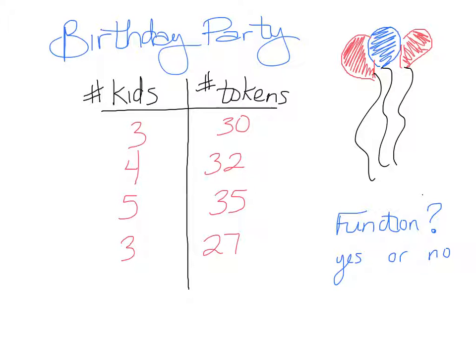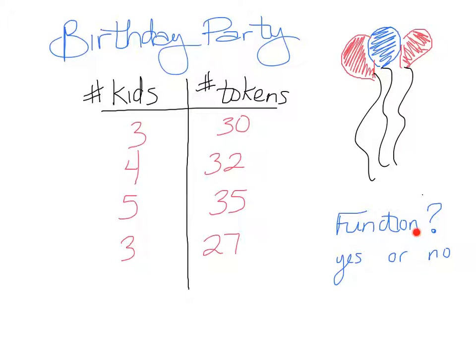Carson's no dummy. He's going to look at that and say, well, but Mom, up here you said if I brought 3 kids, I'd get 30 tokens. Why now when I bring 3 kids, I'm only getting 27? Okay, so that creates some confusion. And so a function is really a rule. These are all relations, and this is a beautiful relation right here.